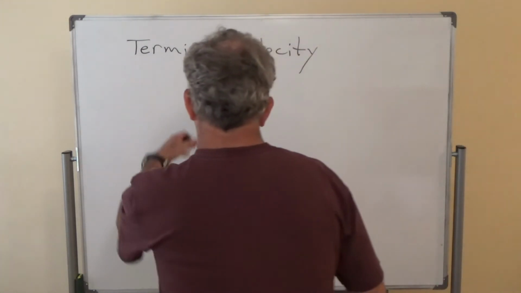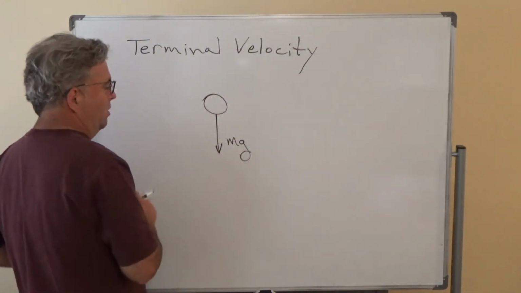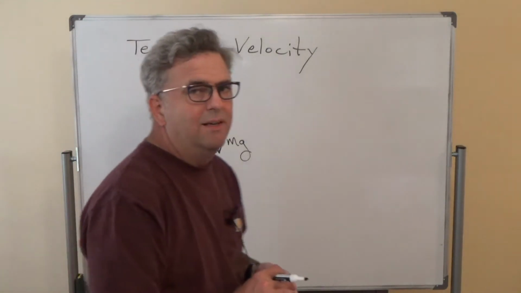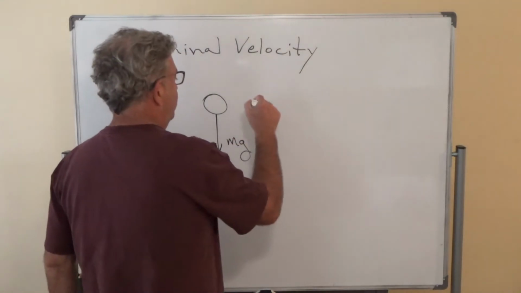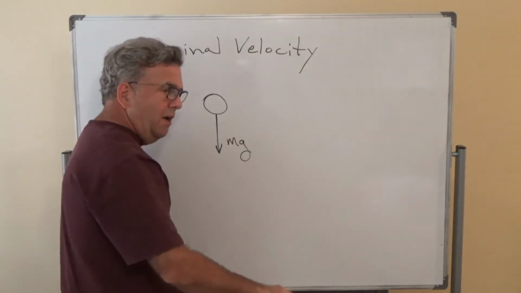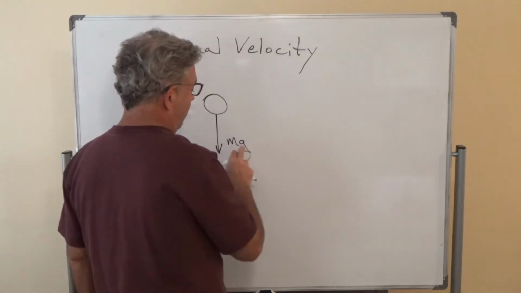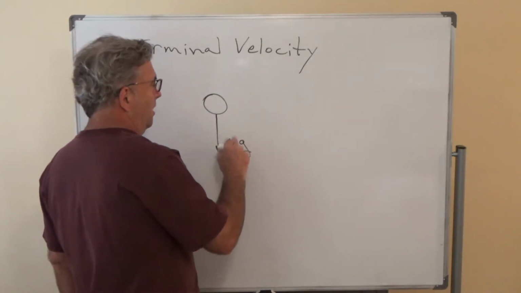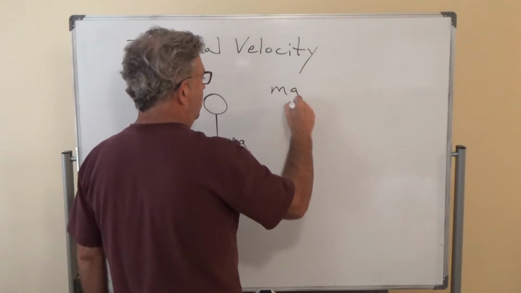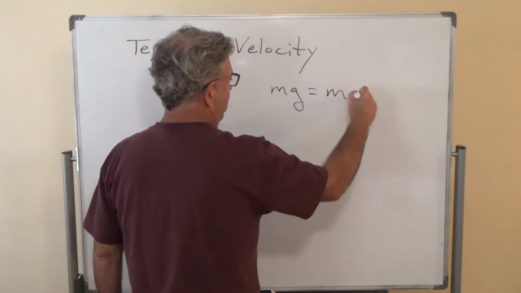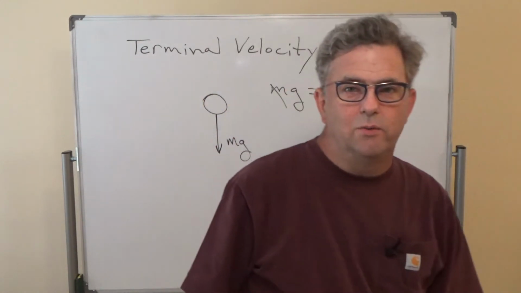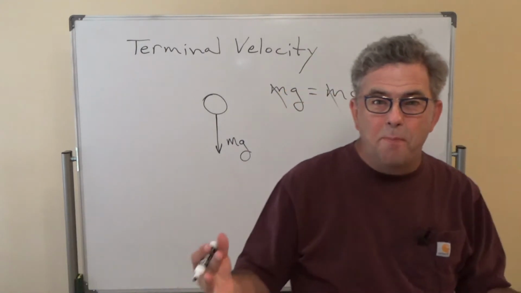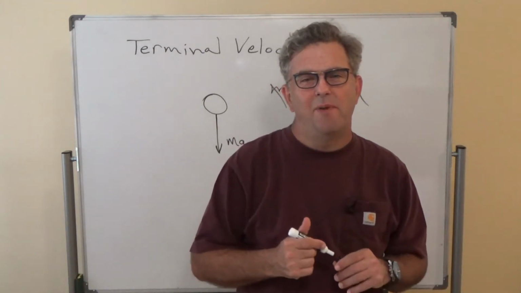Newton's second law says that F equals ma. So the force on this object falling under the influence of gravity is mg. That equals ma.